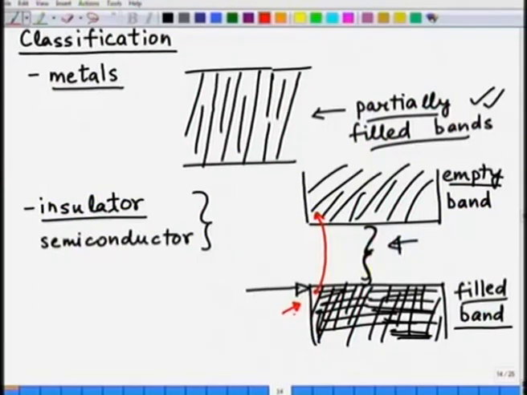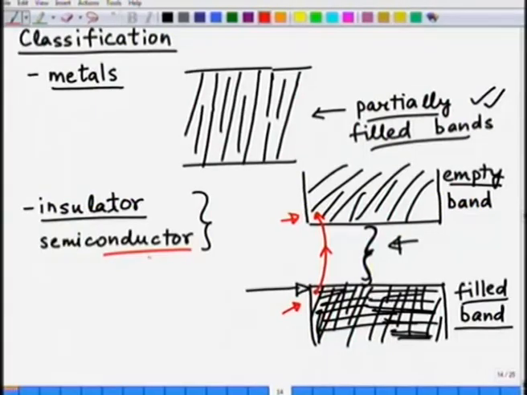Similarly, since some electrons have jumped onto this particular band, it is now not completely empty but has some electrons in there, and in such a case we start getting some conductivity. Those are the materials which we call semiconductors.